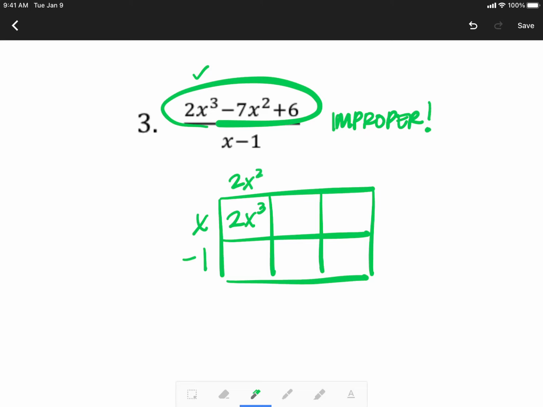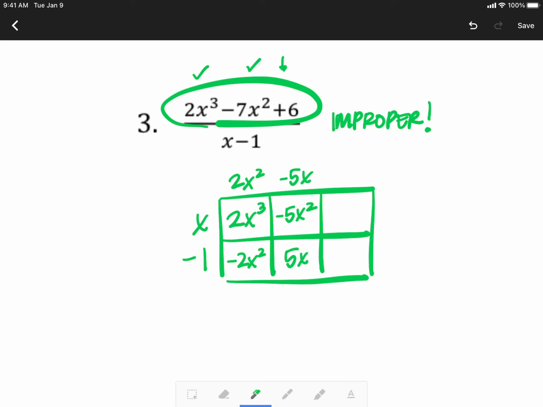2x squared times x gives us the 2x cubed. So let's multiply straight down. Negative 2x squared. But I need negative 7x squared. So I'm going to subtract 5x squared. Well, negative 5x times x gives us that negative 5x squared. Multiply that down, I have a positive 5x, but I have no 5x's here.